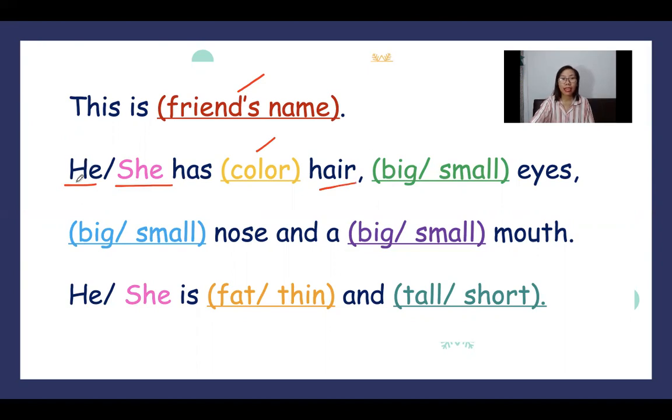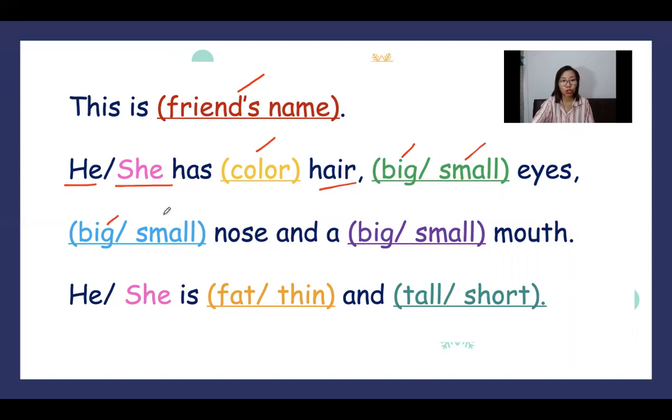Example, he has black hair or she has brown hair. And then big eyes, small eyes.